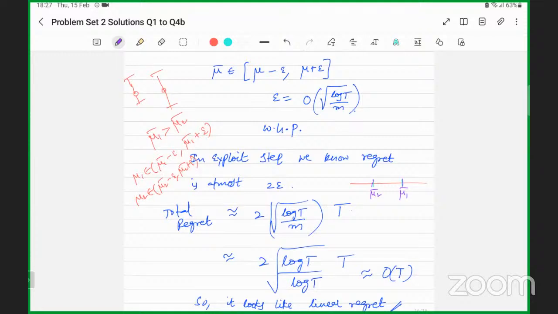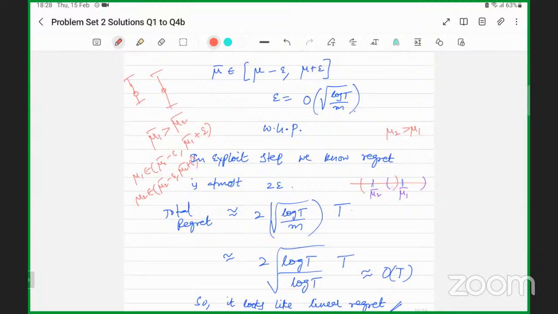So mu1 would have been less than mu2, and then only it's a bad arm.